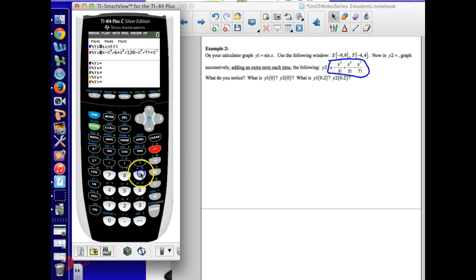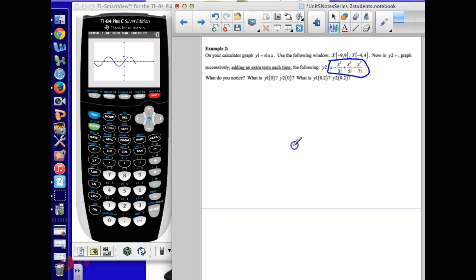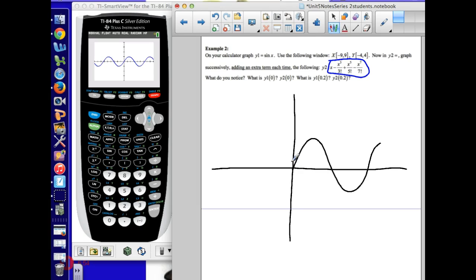So I'm going to add x to the 9th divided by 9 factorial onto that curve, and now watch it graph. So there's my sine wave coming along. And then in red, that is my polynomial that I modified.